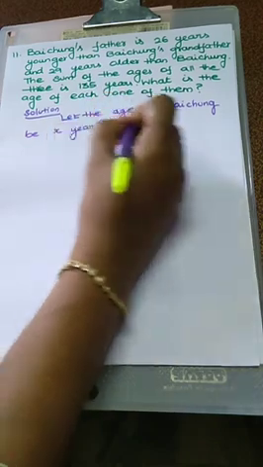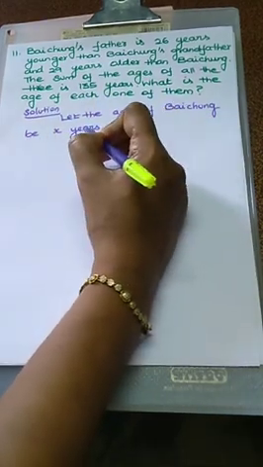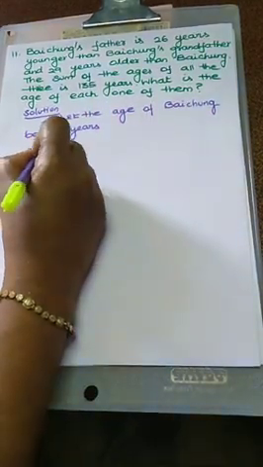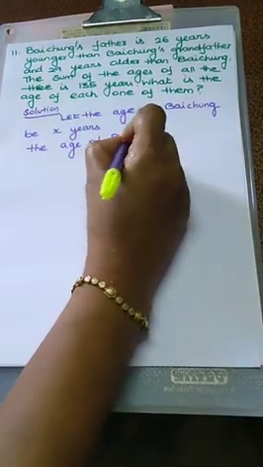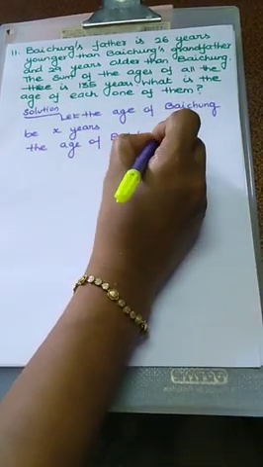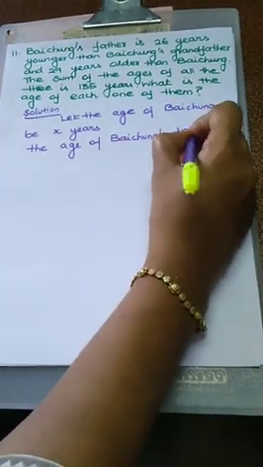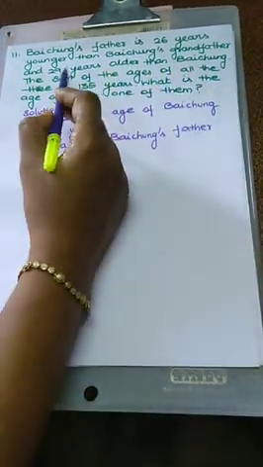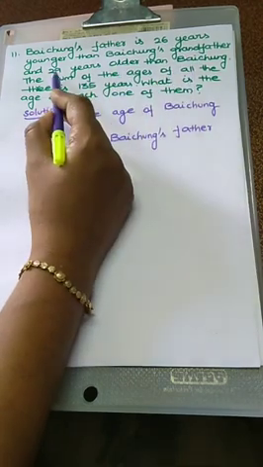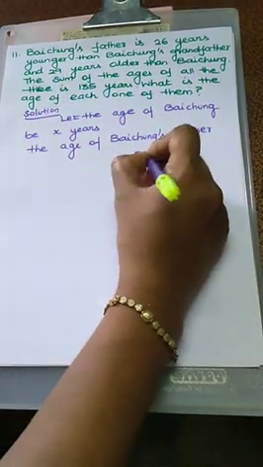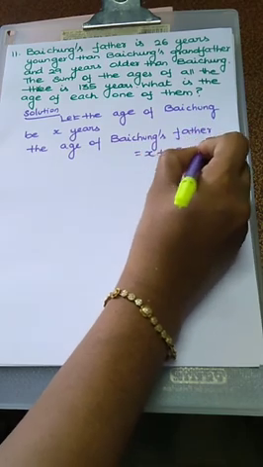Okay, we have to imagine first the boy's age be x years. Next, the age of Baichung's father. What about that? 29 years older than Baichung. So older means we just add x value with 29. So x plus 29 years.